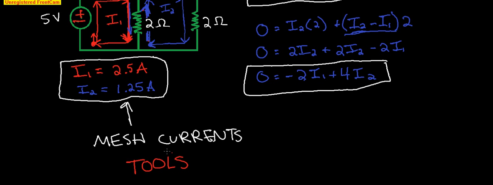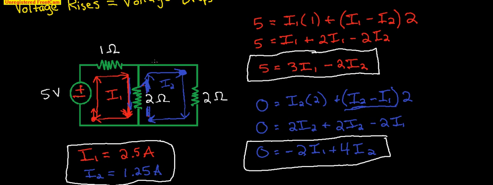They are only tools to figure out the real currents. So if we look back up at our circuit, this branch right here does not have any other meshes opposing it. Right? So this branch, the mesh current, is also the real current. So there are 2.5 amps flowing through this branch. The same thing with this branch as well as this branch.